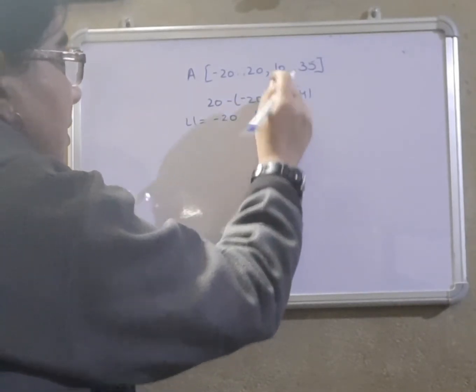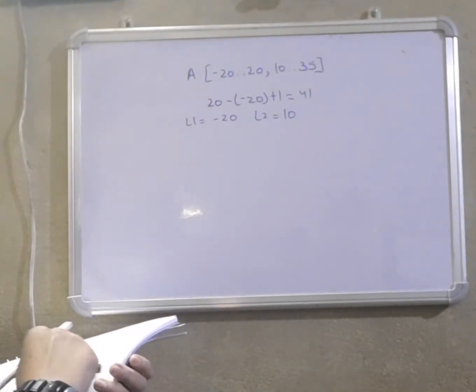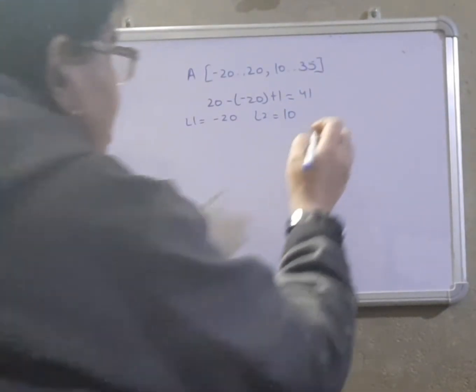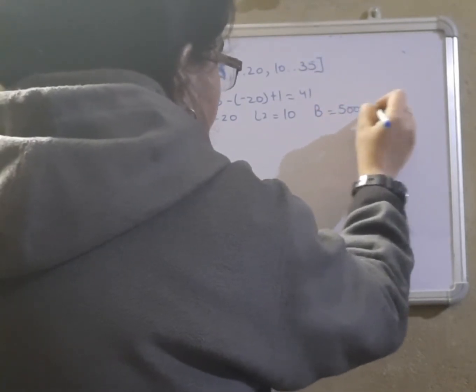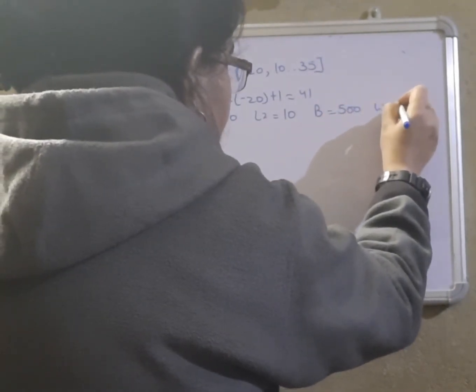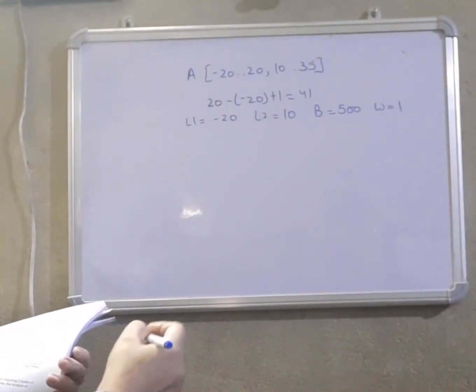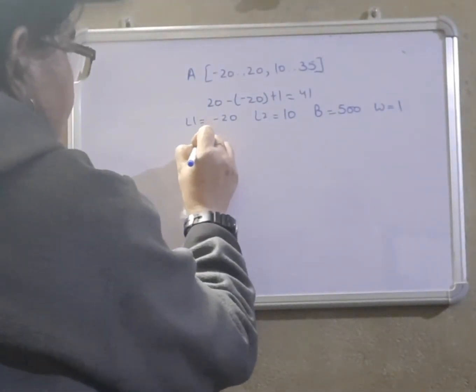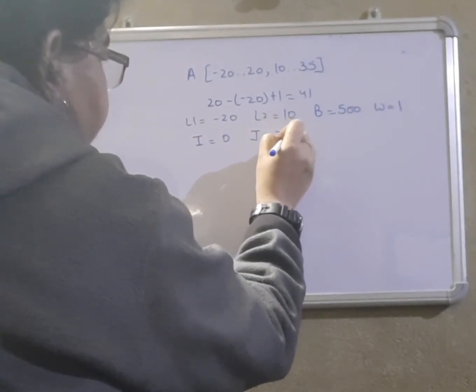L2 is 10. And the question says the beginning location is 500, that is the base address is 500. 1 byte storage is W. Determine the location of A, 0, comma 30. What do we have to find out? For 0 and 30.